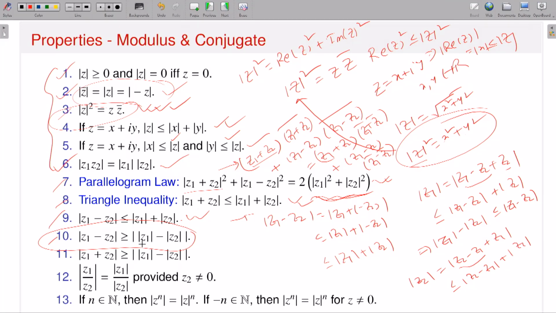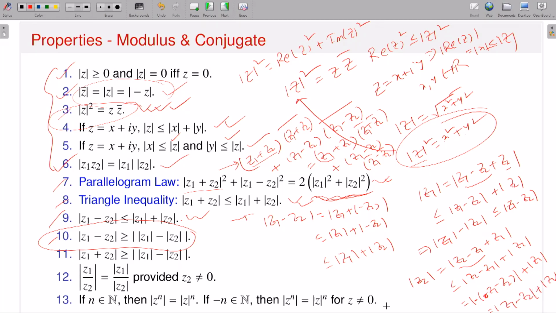But I want it to be modulus of z1 minus z2. This is the same as modulus of minus of z1 minus z2, plus mod z1. But the modulus of a complex number is the same as the modulus of the minus of the complex number. So therefore you can say this is the same as mod z1 minus z2 plus mod z1.